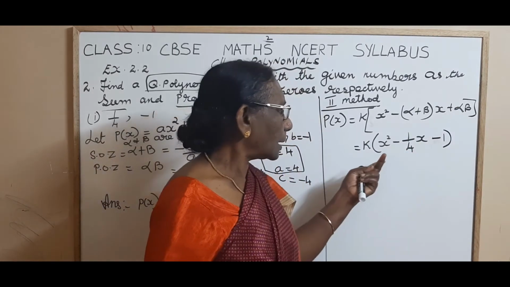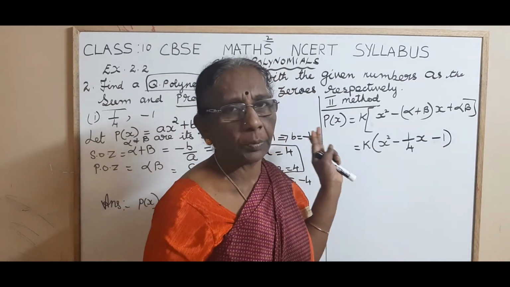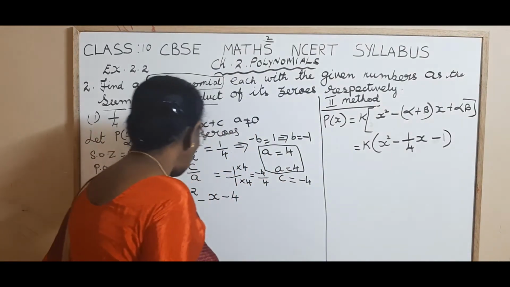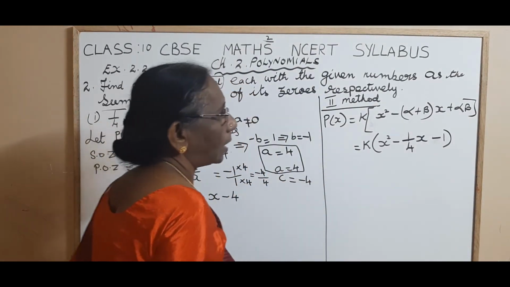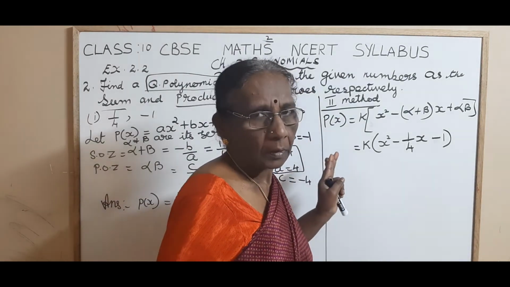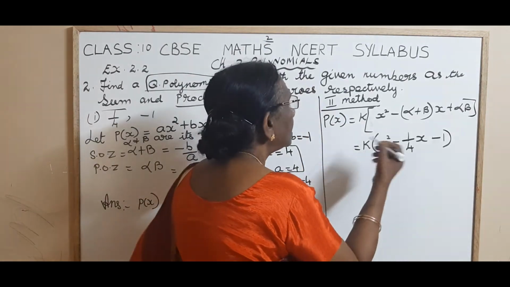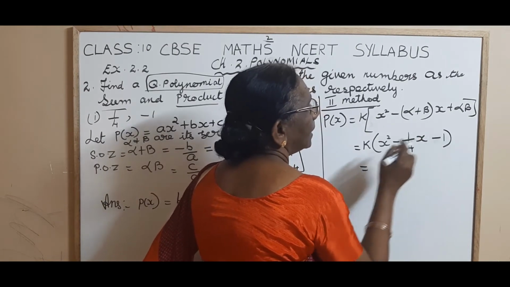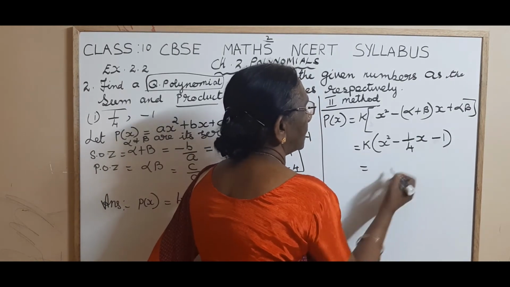Okay, children, you can write the answer as it is. You will be given full marks. Okay, because both are same. Both polynomials are same. You can do this in one step. Have you understood? Or if you want to simplify, you can take 4 as the LCM. Here 1, here 1.